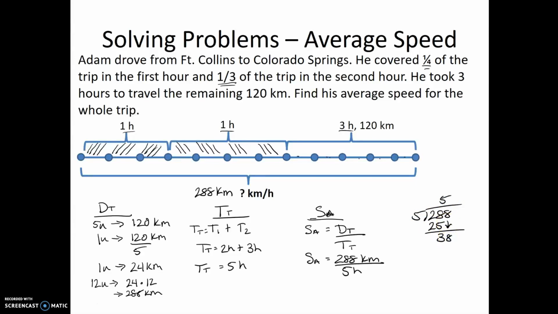Bring down that 8, and 5 goes into 38 7 times. 7 times 5 is 35. And I've got a 3 there. Now I need to add a decimal place, so I'll bring down a 0. 30 divided by 5 is 6, and since 6 times 5 is 30, I'm done. So my average speed is going to be 57.6 kilometers per hour.